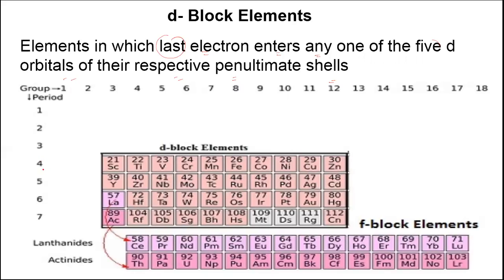The appearance of the d block element will start from the period number 4. Here the value of n is 4. As you know, d block belongs to the penultimate shell. The value of penultimate shell is n minus 1, that is 4 minus 1 is equal to 3. So the orbital filled here is 3d.